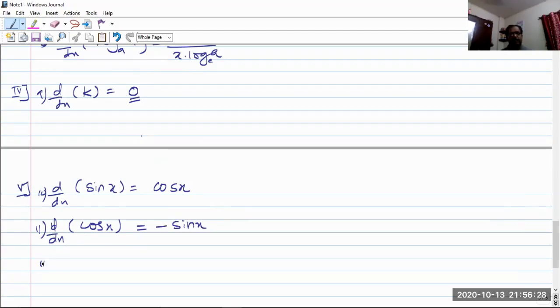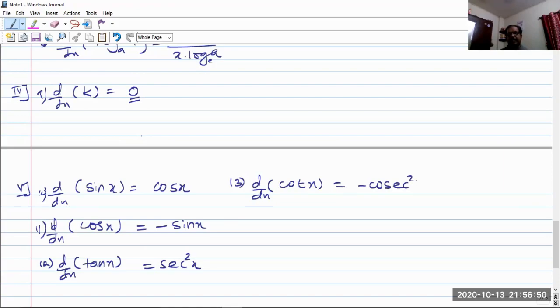Then we have the derivative of tan x now. The derivative of tan x is given by sec square x. Then the next trigonometric function is cot x. The derivative of cot x is equal to minus cosec square x.